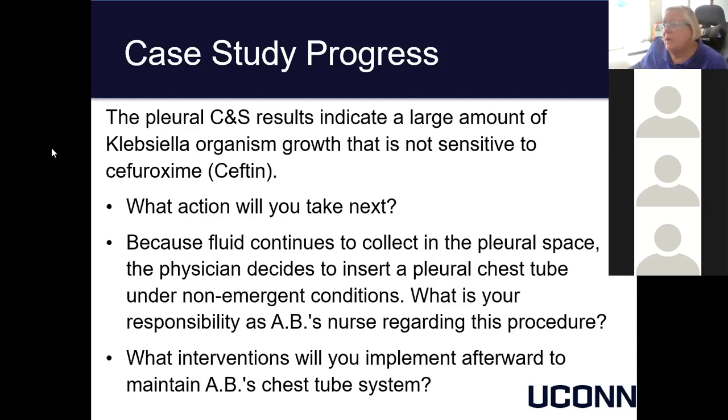Okay, so the C&S report comes back. And he's got Klebsiella, and it's not sensitive to the cefuroxime or the Ceftin. So again, while we are not often part of these decisions, if you were in a smaller hospital, what would you do?